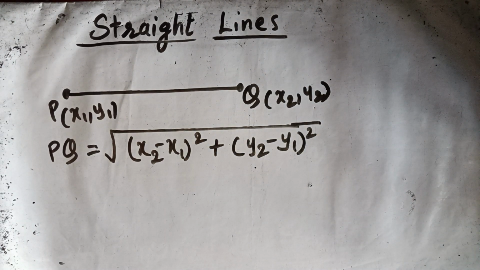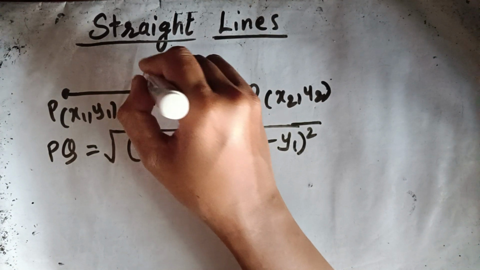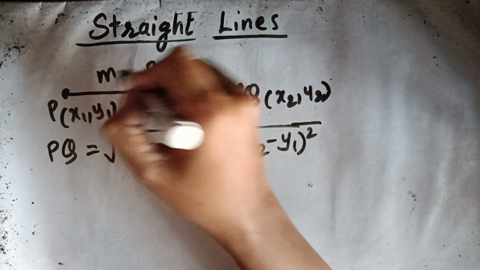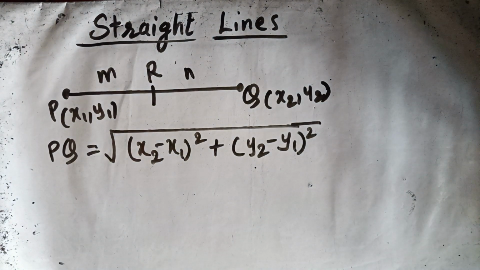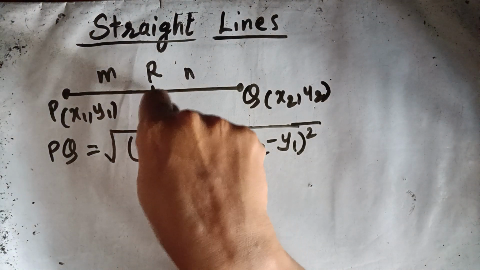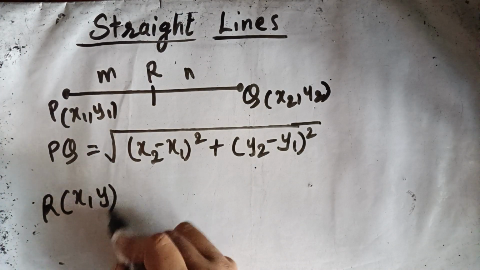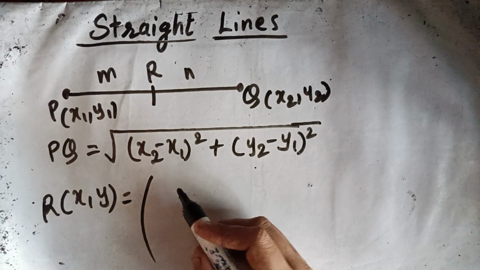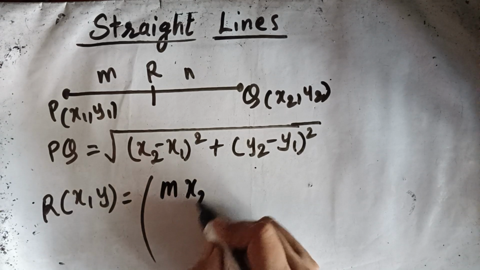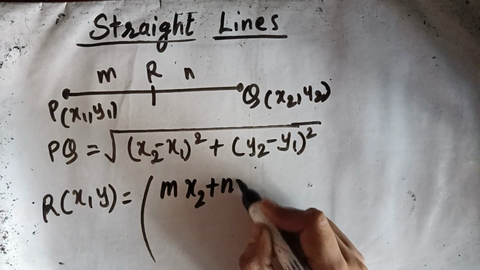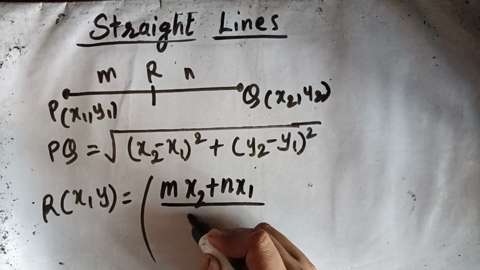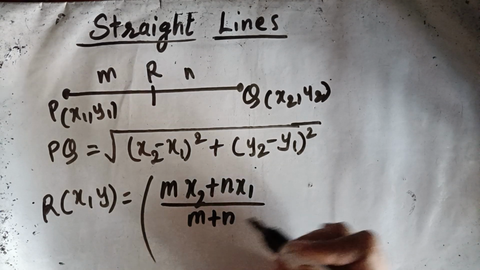This is the distance. Then suppose a point is dividing this line in the ratio m is to n. Then we write this point R (x, y) as (m x2 plus n x1) upon (m plus n).